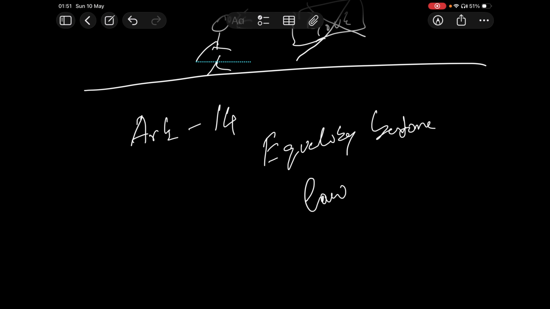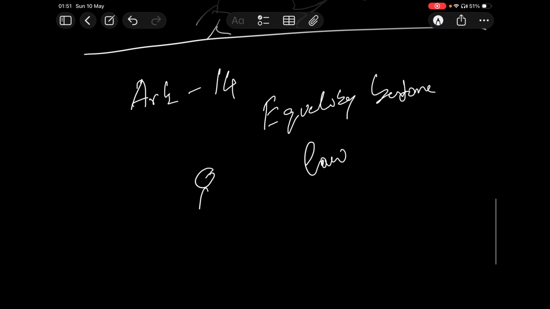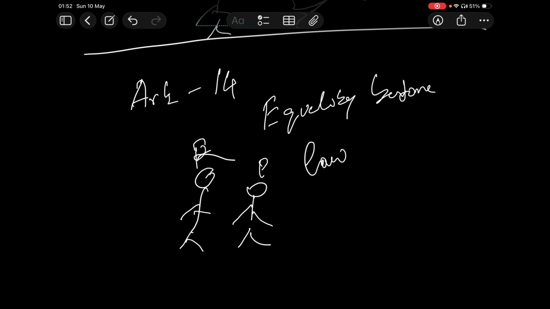This article is based on this beautiful idea that law should treat everyone fairly, whether the person is rich or whether the person is poor, right? Famous, ordinary, everyone is equal before law.